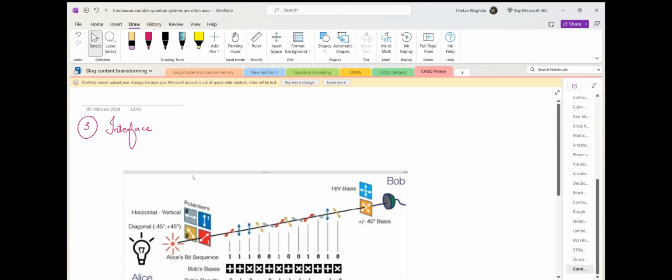Now, the next advantage is with the interface. Quantum key distribution is a cryptographic paradigm where we use the laws of quantum mechanics for the distribution of keys for cryptographic tasks. Usually, this key distribution is done using photons and light-based systems.